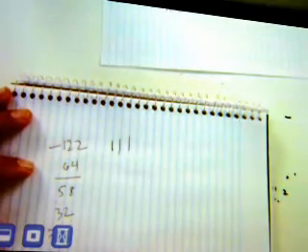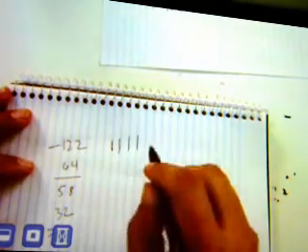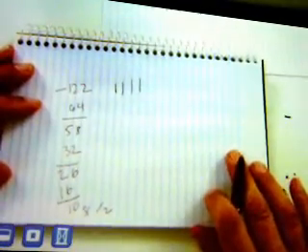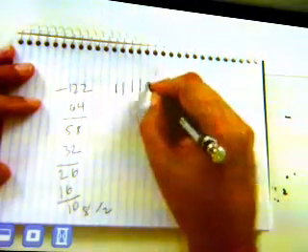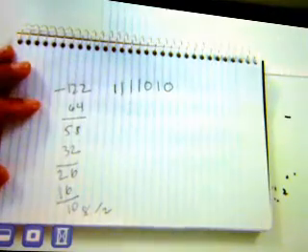Okay, 16 is there, so we put a 1 in the 16's place. 8 is there, so we put a 1 in 8's place. Can't see this. Can you see it now? Okay, there's no 4, but there is a 2, and there's no 1. So that's the binary equivalent, right?